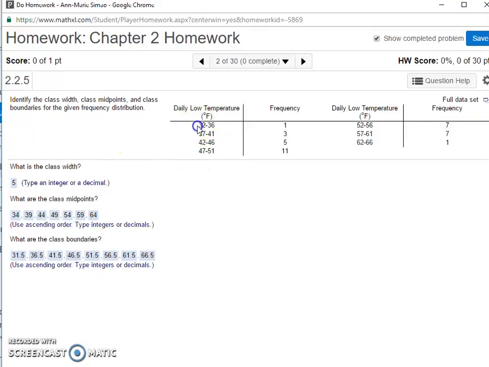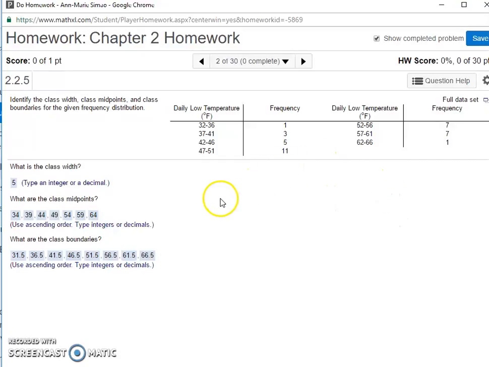So my classes, I have 1, 2, 3, 4, 5, 6, 7 total classes. And the first class is 32 to 36. So even if you need to use your fingers, you're going to have 32, 33, 34, 35, 36.